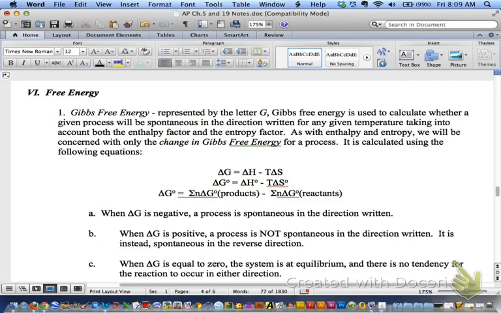In 5th and 7th periods yesterday, we finished up chapter 5 on the various ways to calculate theoretical values for the delta H of a reaction.